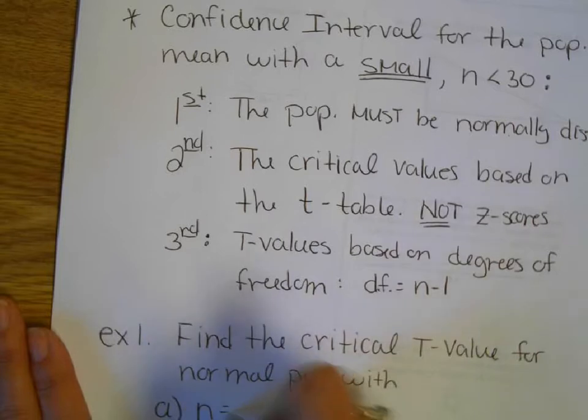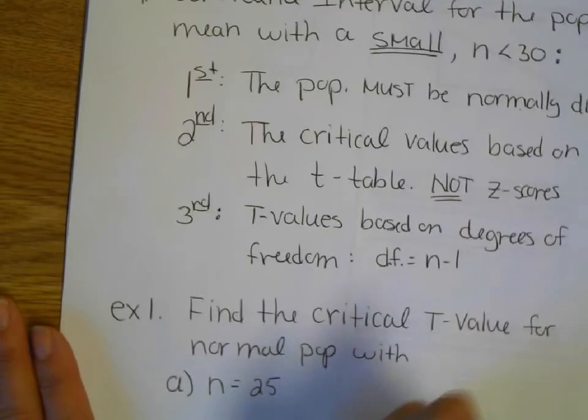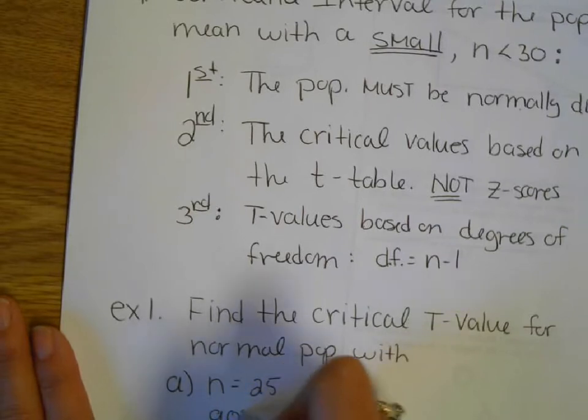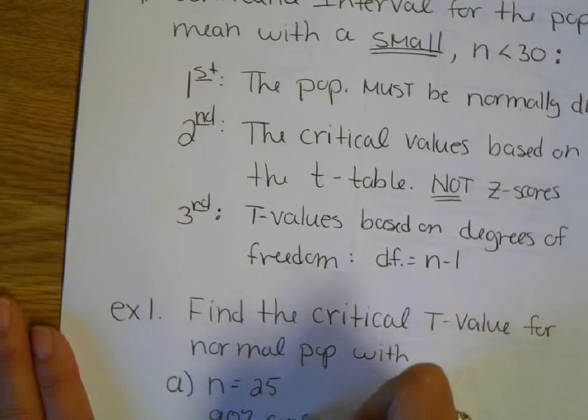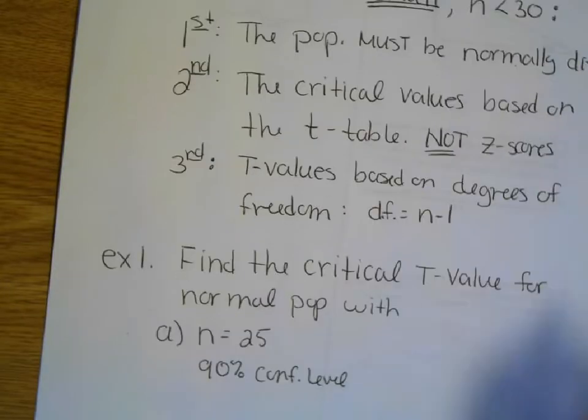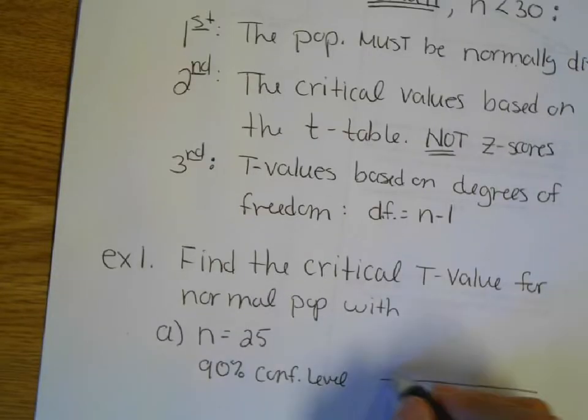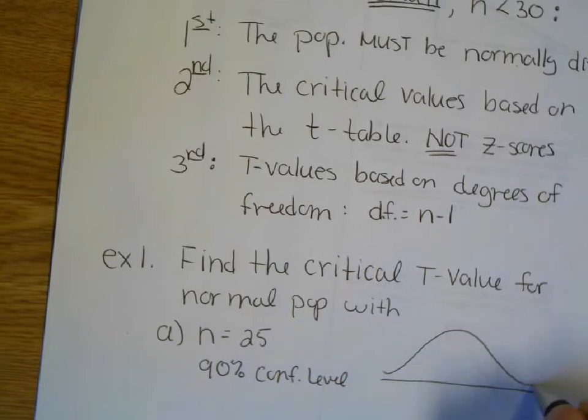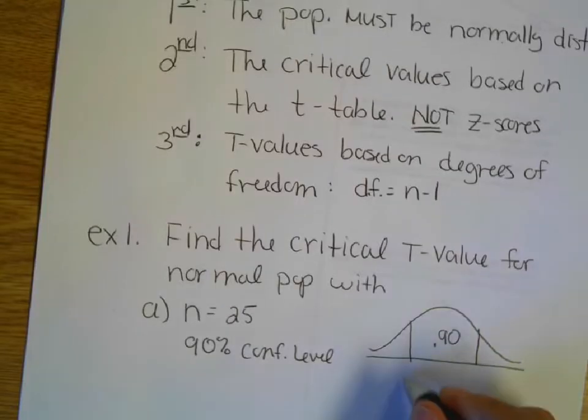A sample size 25 and a 90% confidence level. So we know it's normally distributed. We're doing 90%, and we want the t-values. This is what we're looking for here.